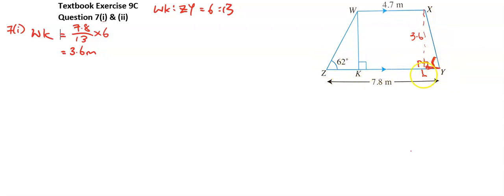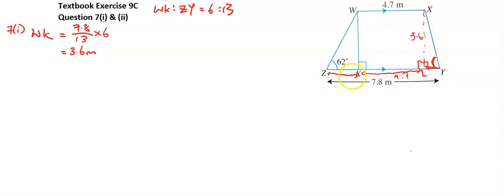So how do we find LY? We know the whole length ZY is 7.8. If we match this line downwards, 4.7 is W to X, so from this point we drop it down to K, so K to L is 4.7. If we are able to find ZK, then we use 7.8 and subtract these two lengths, we will get LY, and then we will be able to get the angle XYZ.